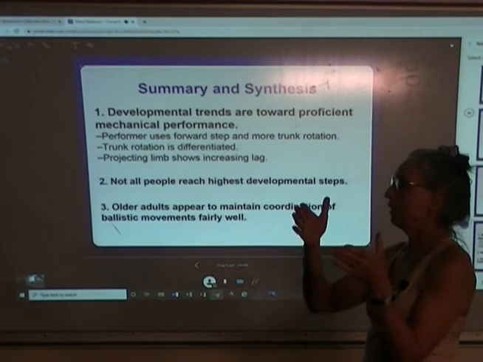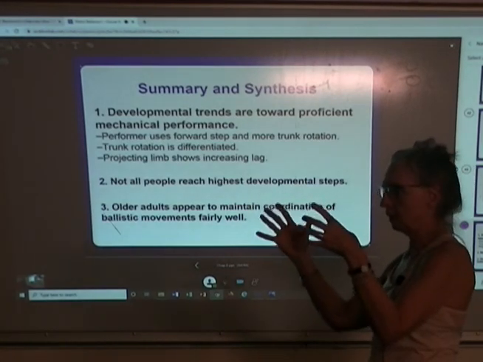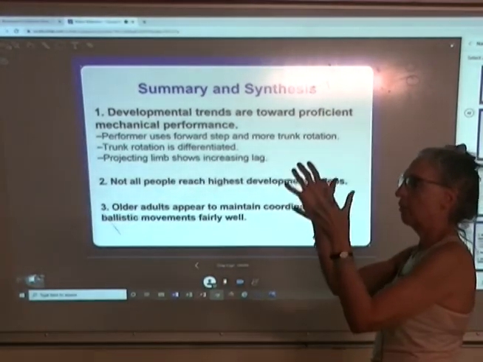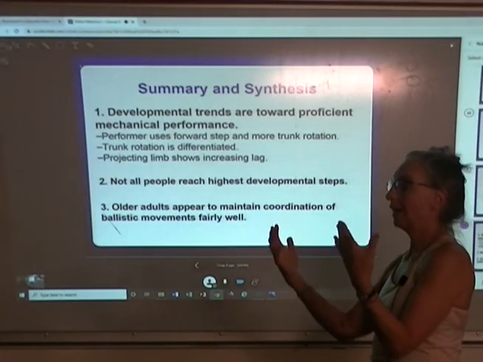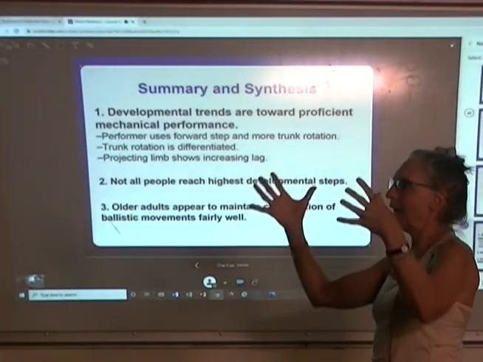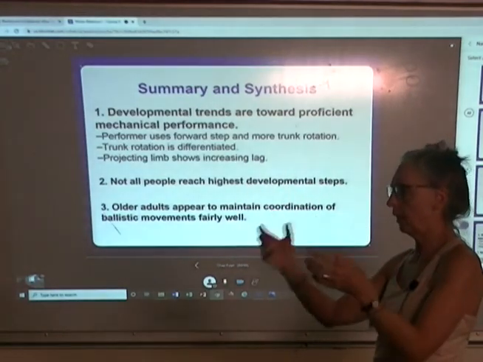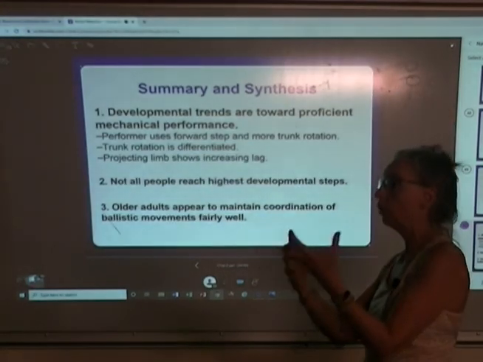So the coordination of these, what they are calling ballistic movements in this chapter, isn't the factor that goes wrong as we get older, right? So when we watch older adults and their movement pattern is changing and possibly deteriorating a little bit, it's much more to do with structural changes that are going on, right?